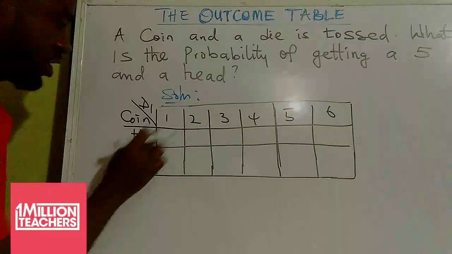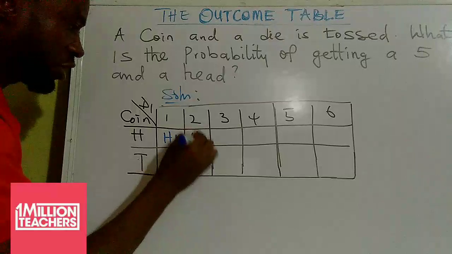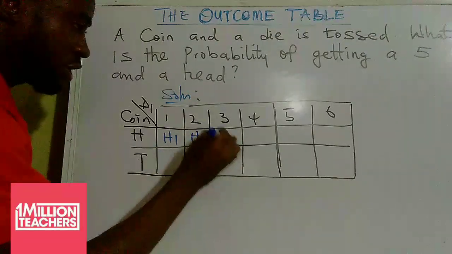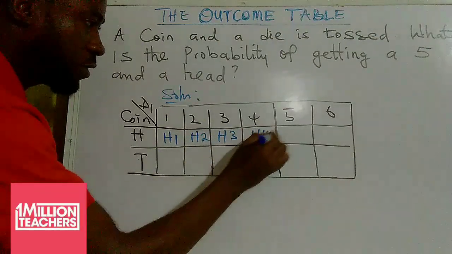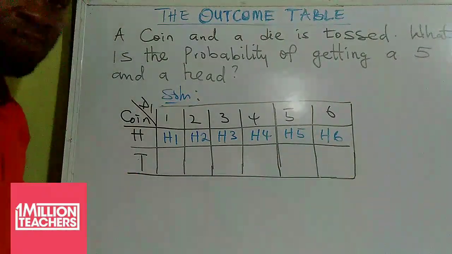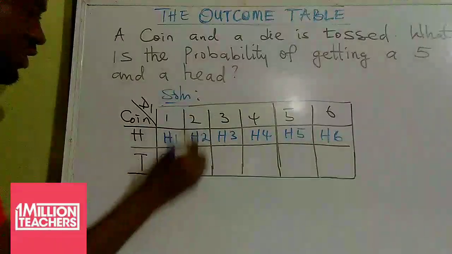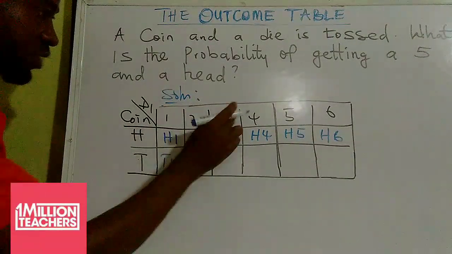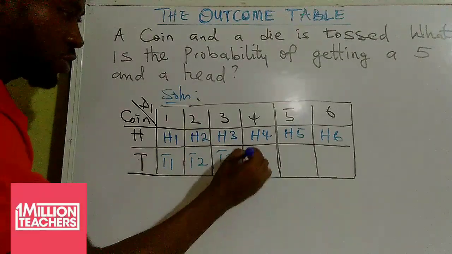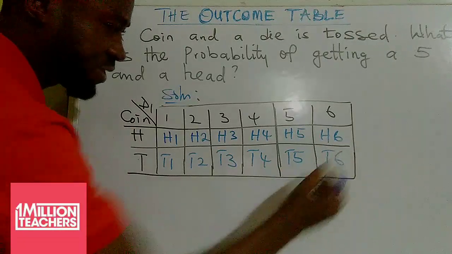If H interacts with this, you're having H1, H interacts with this, H2, H3, H4, H5, H6. Now, if T interacts with 1, T1, T interacts with this, T2, T interacts with this, T3, and so on. This will give us T4, T5, and T6.